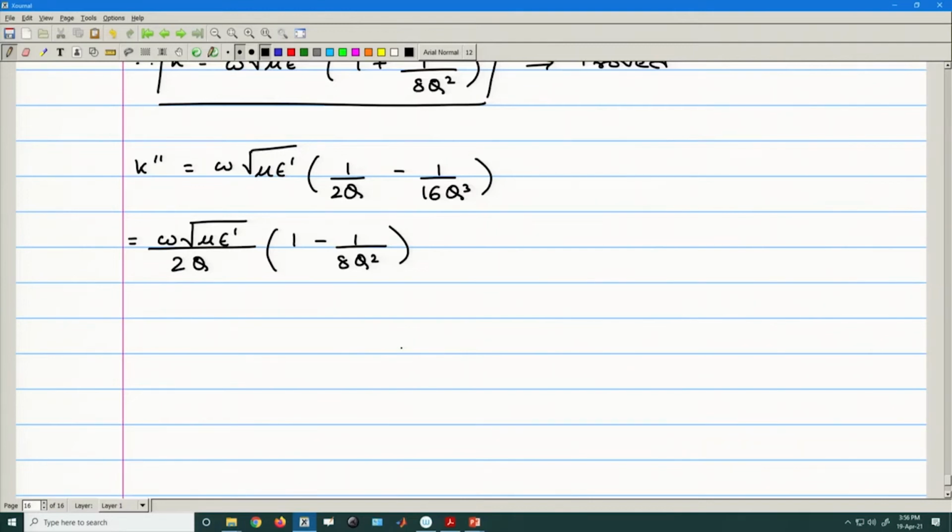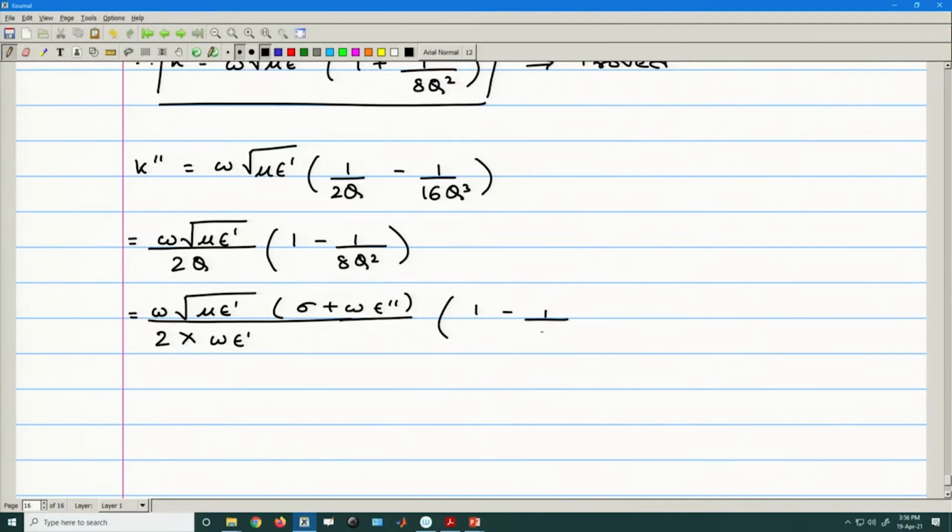Now we will substitute the value for q. So we can write omega root under mu epsilon prime upon 2, and in place of q we write omega epsilon prime divided by sigma plus omega epsilon double prime, so this division puts it in the numerator as sigma plus omega epsilon double prime. Then inside the braces we have 1 minus 1 upon 8q square.